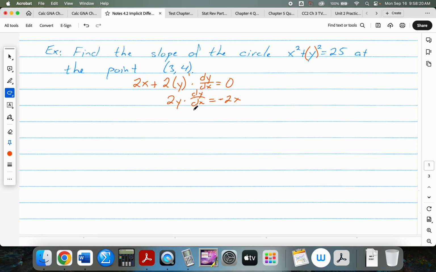Divide both sides by 2y and we get that dy dx is equal to, because the 2's cancel, negative x over y. So the slope evaluated at the point 3, 4 is going to be negative 3 over 4.